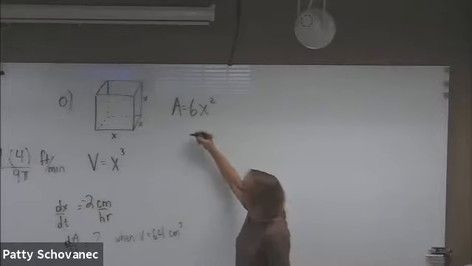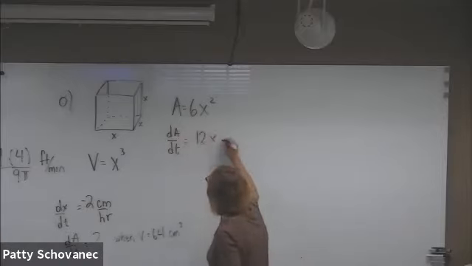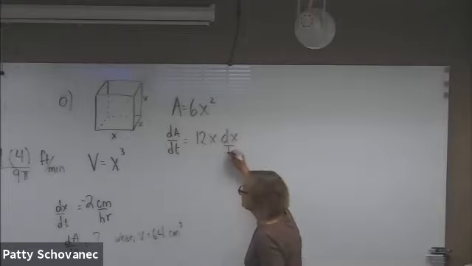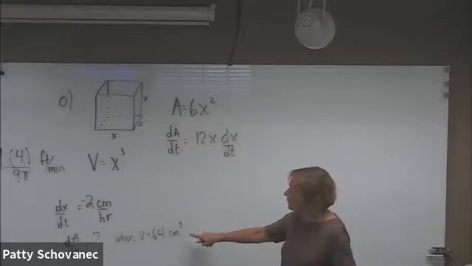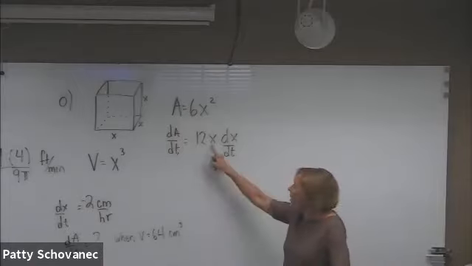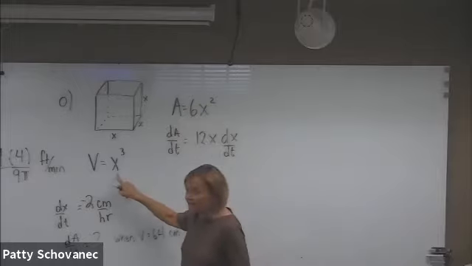So let's do it. dA/dt is 12x dx/dt. You see now why we need that? I don't have a value of x. So we want to know it at that instant. Let's find the value of x at that instant.